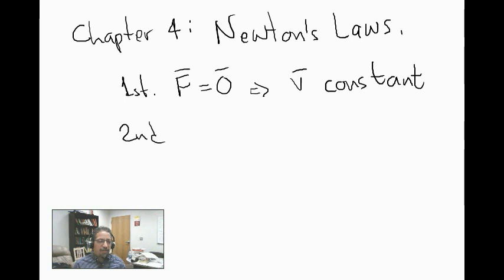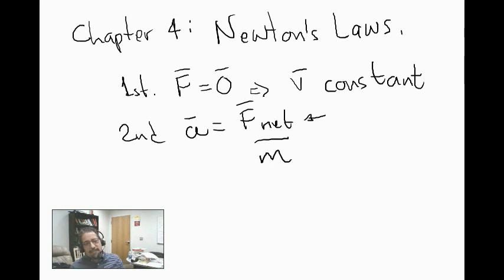The second law says that the acceleration is F net over mass, and in a moment we are going to discuss what this force thing is, and in lecture we discussed a couple of different ways to think about the mass.